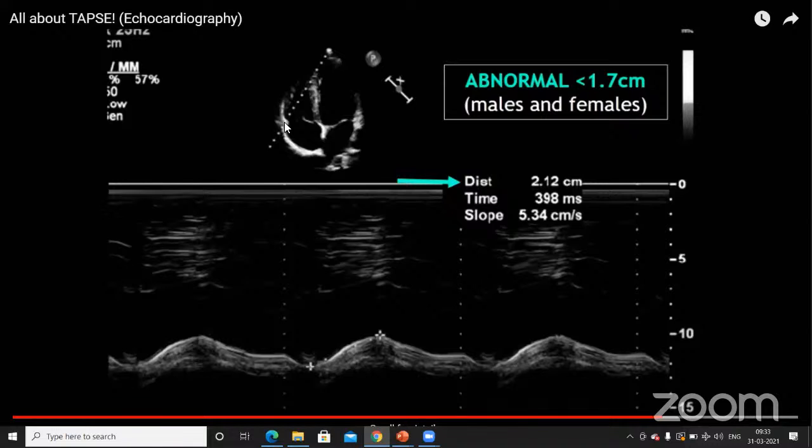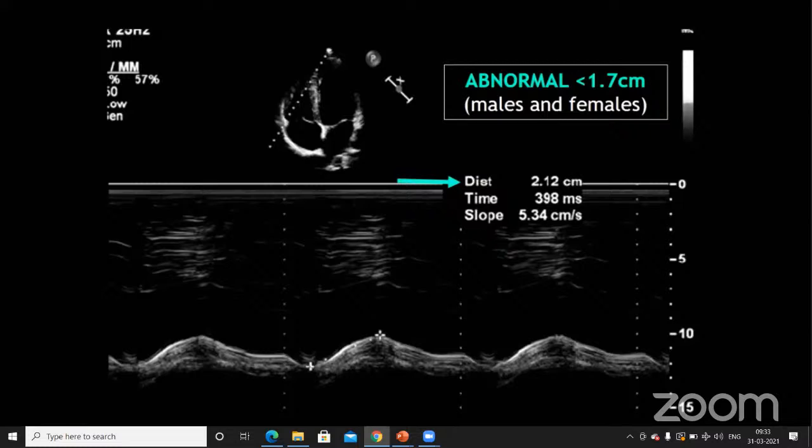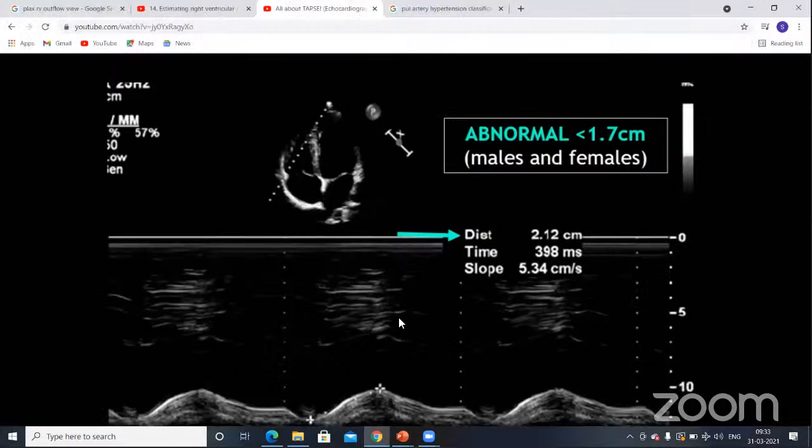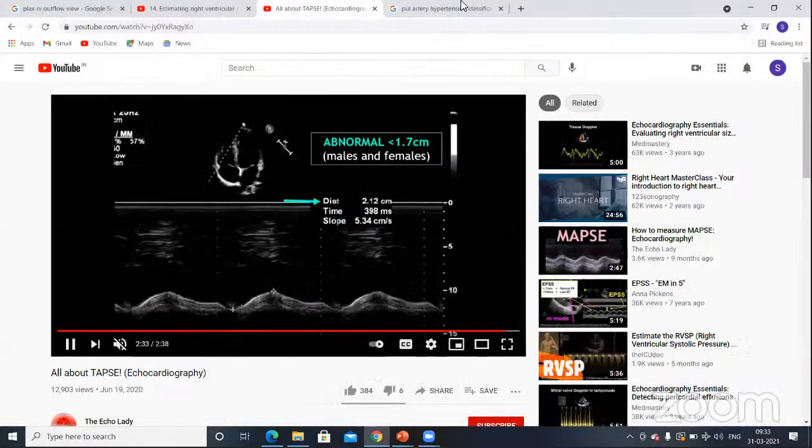You press your M mode and you see something like this comes, and you measure from, I hope you understood, from where to where. If your value is 1.7 centimeter or more, you know your RV function is good. If it is less than 1.7 centimeter, that means your RV systolic function is bad. Okay, so that is all about RV systolic function.